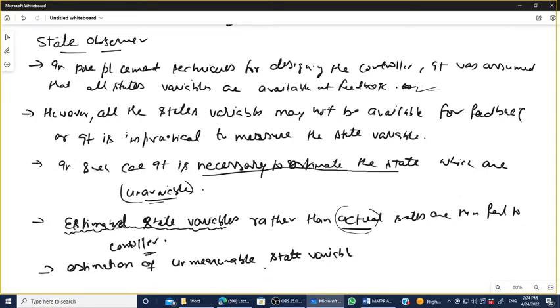So estimation of unmeasurable state variables is known as observation. This is the concept of observation.